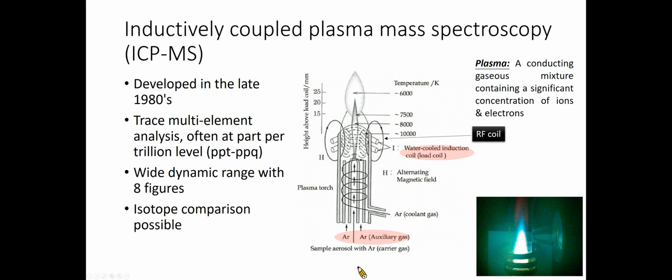Argon gas flows down the quartz tube at a high rate. A current of electricity is run through the RF coil, which produces a magnetic field inside the end of the quartz tube. Sparking the argon creates some argon ions, which are now paramagnetic and absorb energy from the magnetic field.